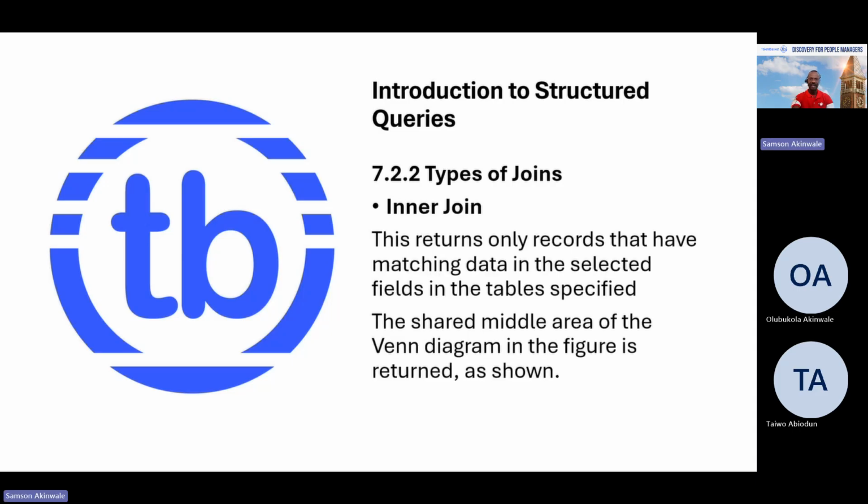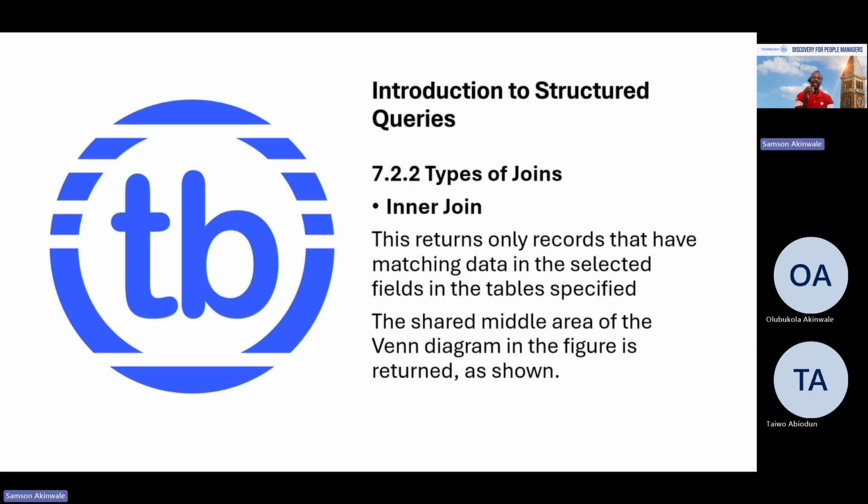And we can see that as we progress. So it returns a set of records, or it returns an output that has data which matches the fields that have been selected in the tables in question. By field, we mean attributes. And by attributes, in layman language, we mean columns in a table.